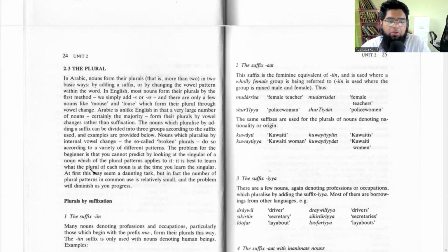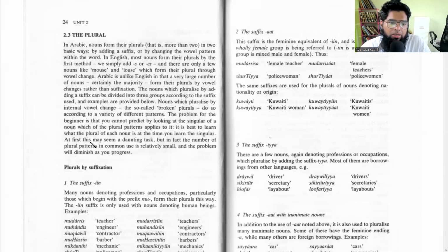It is best to learn the plural of each noun at the time you learn the singular. So the best way is to memorize it. This may seem a daunting task, but in fact the number of plural patterns in common use is relatively small, and the problem will diminish as you progress. So don't worry about it.